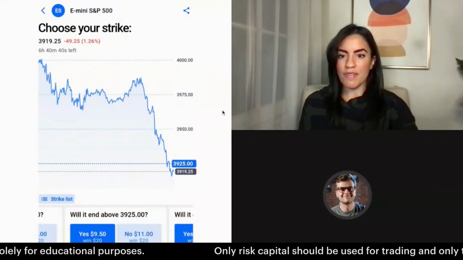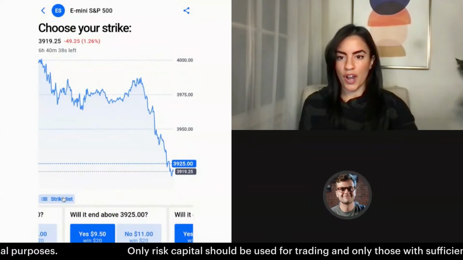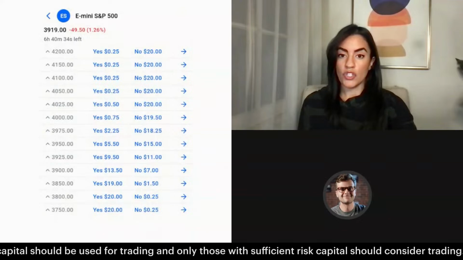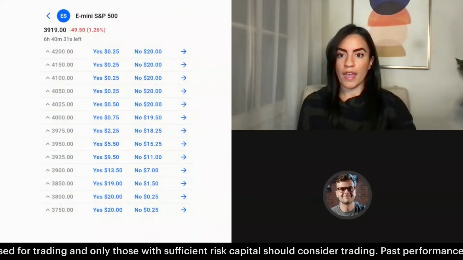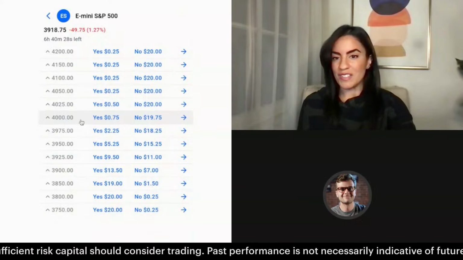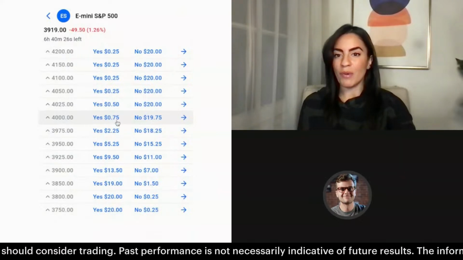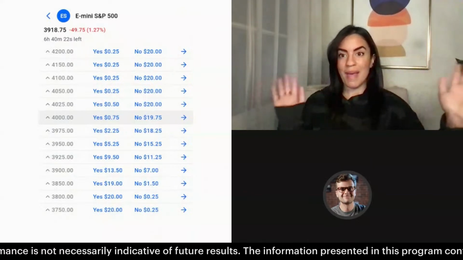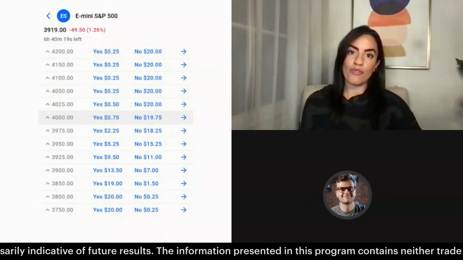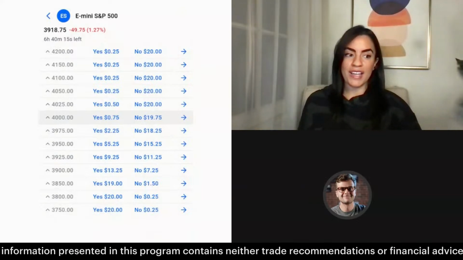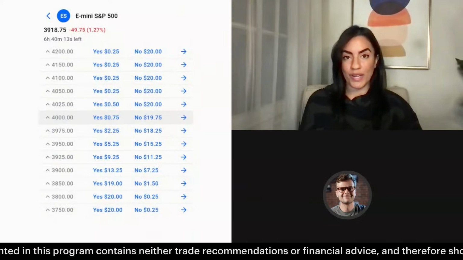So essentially with the event contracts, you can look at different strikes and basically place a trade on whether you think, theoretically, we'll close above 4,000, which is very unlikely to happen. But if I were to purchase a contract that says yes, and magically we do end up closing above 4,000, I would have paid 75 cents for this contract, but I'll end up closing out at $20.